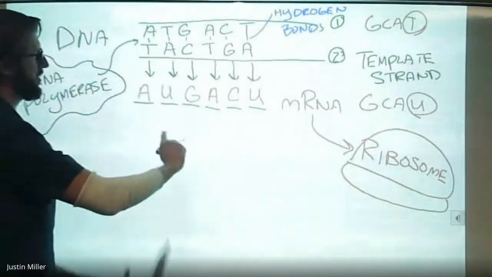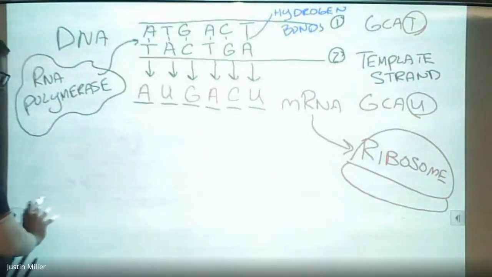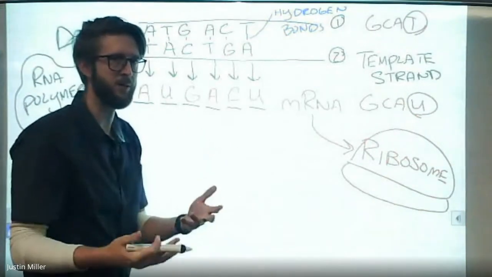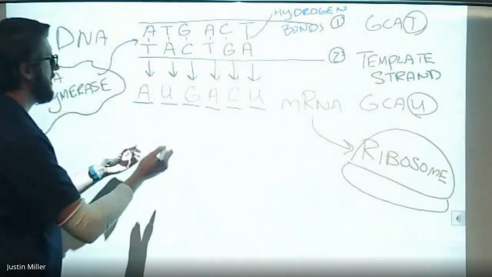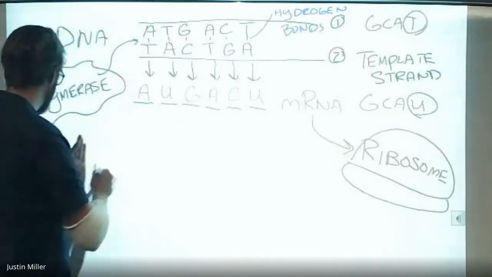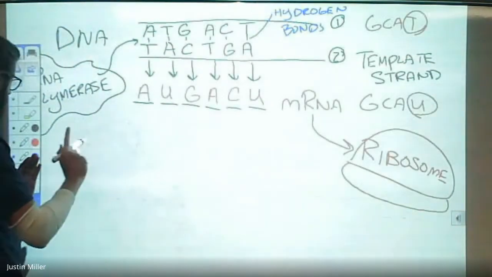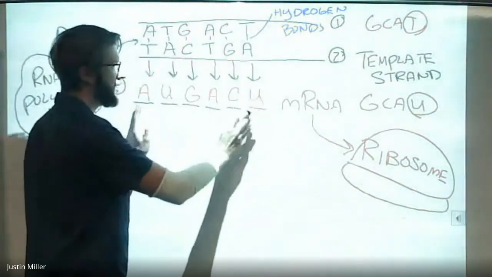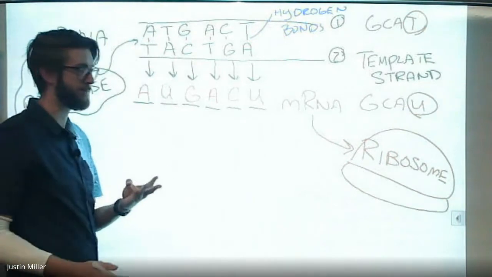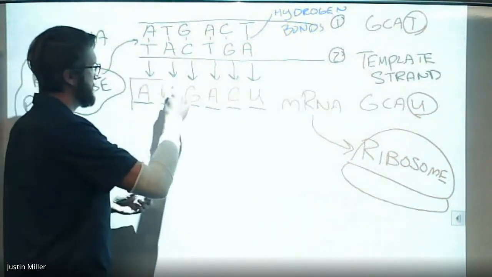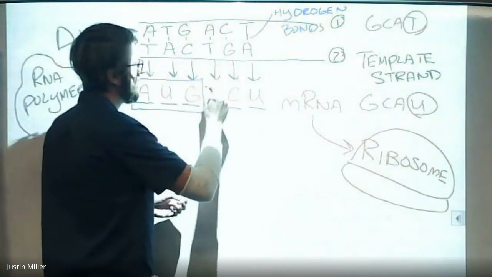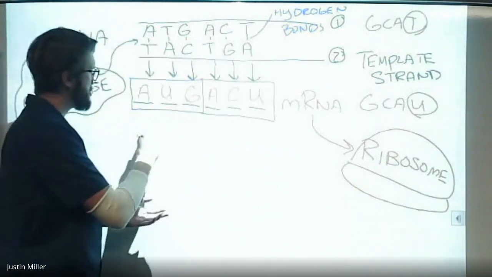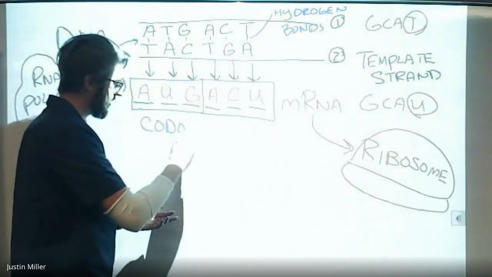So now we're ready to decode this. This is where the decoding comes in, okay? The first step in decoding is to break up the mRNA strand into chunks of 3. So here's a chunk of 3, and here's a chunk of 3. Each chunk of 3 is what we call a codon.